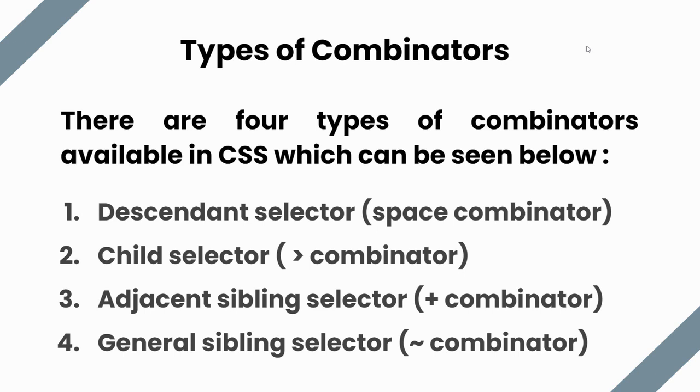So the four combinators are the space combinator, the greater than combinator, the addition combinator, and the tilde combinator. Each of these combinators has a particular selector that can be used with them. We'll be seeing how each of these selectors makes use of each of the combinators on the screen.